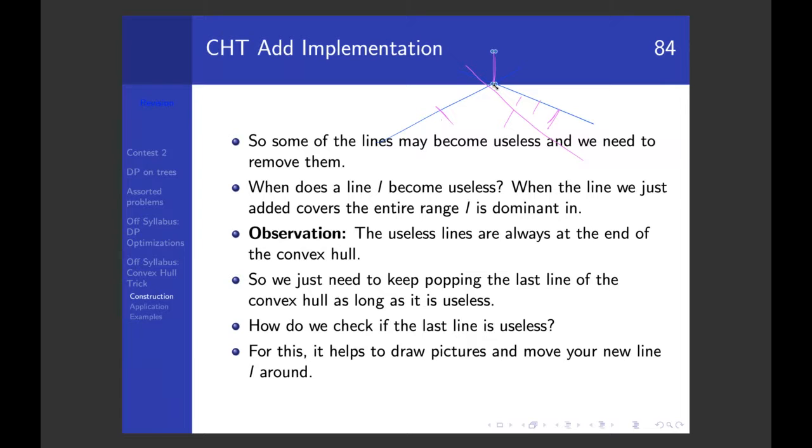That's the point at which the last line becomes useful in the old convex hull. So we know from this point onwards, the second blue line is useful. However, we check the intersection of the new line and this line, and see that the new line is useful from here onwards, which means that it invalidates the old line. Does that make sense?